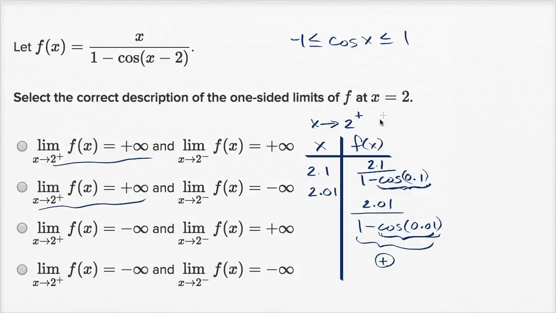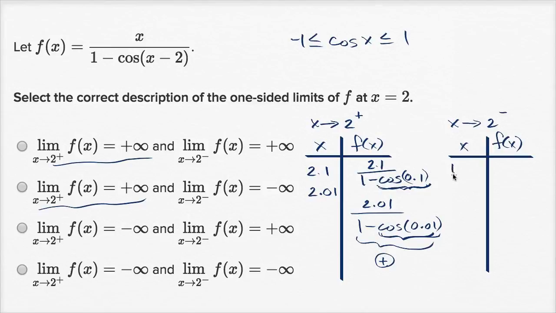And we can make the exact same argument as we approach 2 from below. So that's x, and that is f of x. And once again, I don't have a calculator in front of me. You could evaluate these things with a calculator, and it will become very clear that these are positive. And as we get closer to 2, they become even larger and larger positive values.